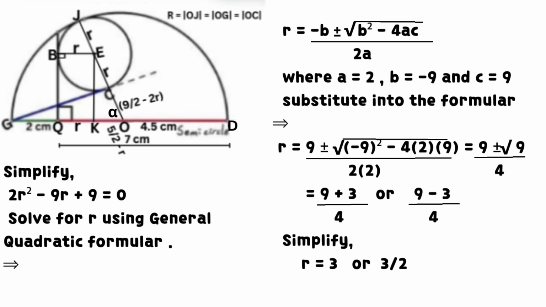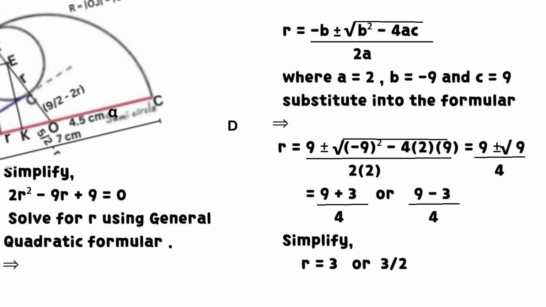which equals the sum of 1/4 of 9 and 3, or 1/4 of 9 minus 3. Simplify these results to have that r equals 3 or half of 3.